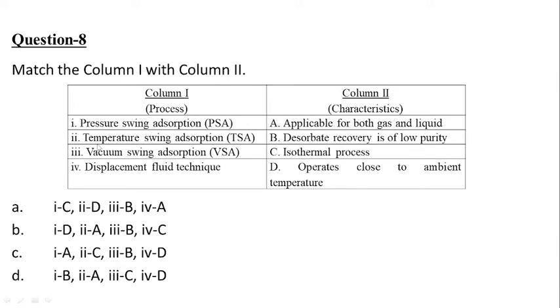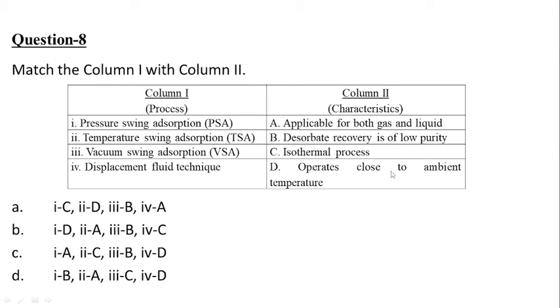So let's see first what is about pressure swing adsorption. Pressure swing adsorption is only applicable for gas, so option A is incorrect. And option B, let's see, pressure swing adsorption, desorbate recovery is of low purity. The purity of the desorbate in the pressure swing adsorption is high, and it is not an isothermal process.